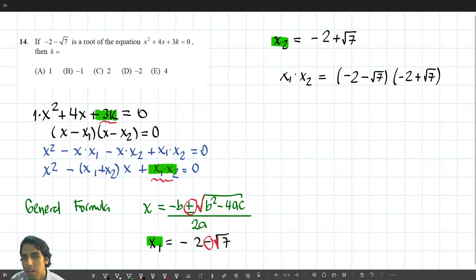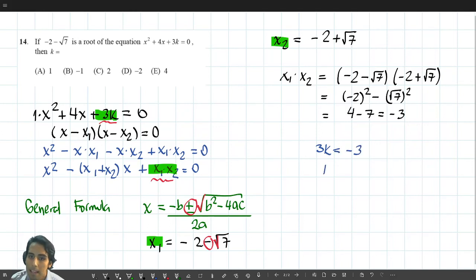So we have here the difference of squares, minus 2 squared minus square root of 7 squared. So this equals 4 minus 7, which is minus 3. So we can finally say that 3k equals minus 3 and k equals minus 1. This is one approach that we can take.